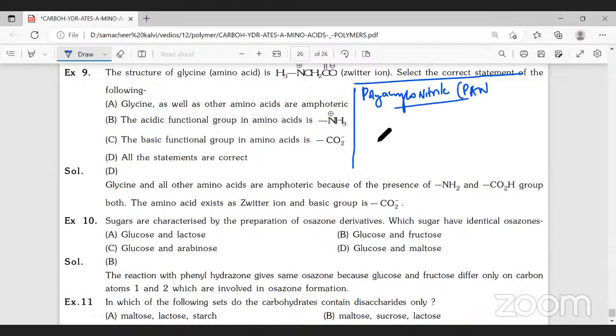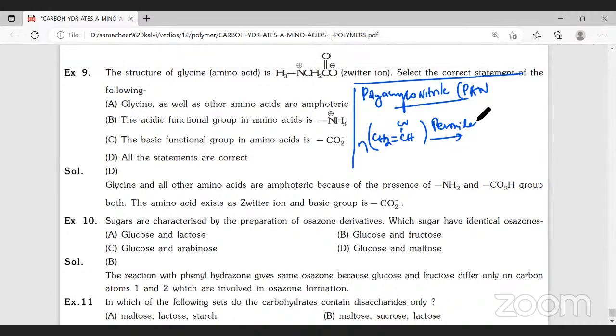It is made from the acrylonitrile unit, CH2 double bond CH-CN. If you take n molecules of this and heat in the presence of a peroxide catalyst, benzoyl peroxide, or we can use hydrogen peroxide also. Any peroxide can be used as a catalyst.